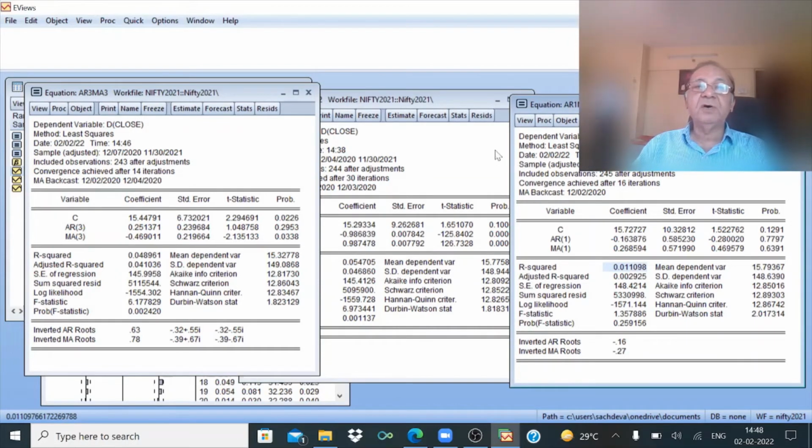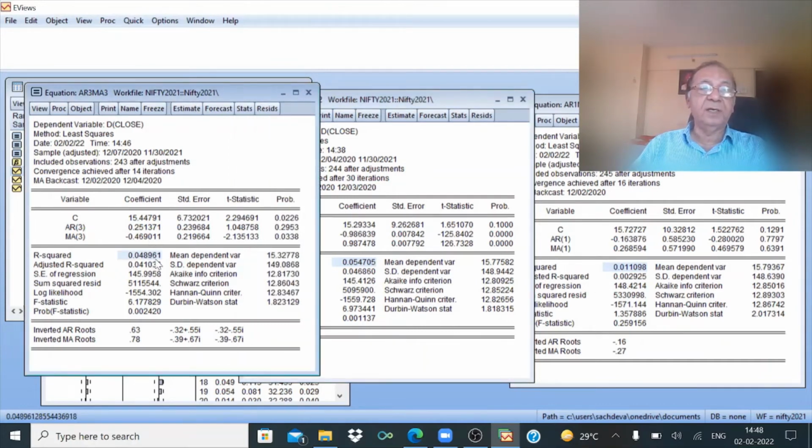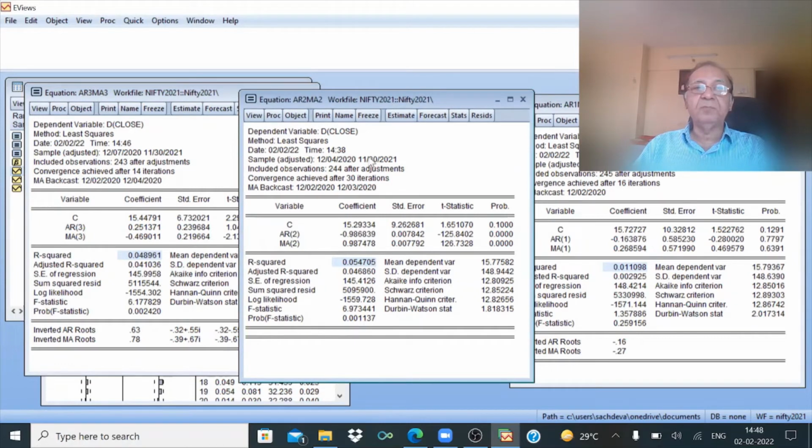But in case of ARMA2, it is 0.054705, so in ARMA2, R square is more. In case of AR3 MA3, it is 0.048961, means 0.04. Here again R square is less. So from the R square point of view, AR2 MA2 model is good.